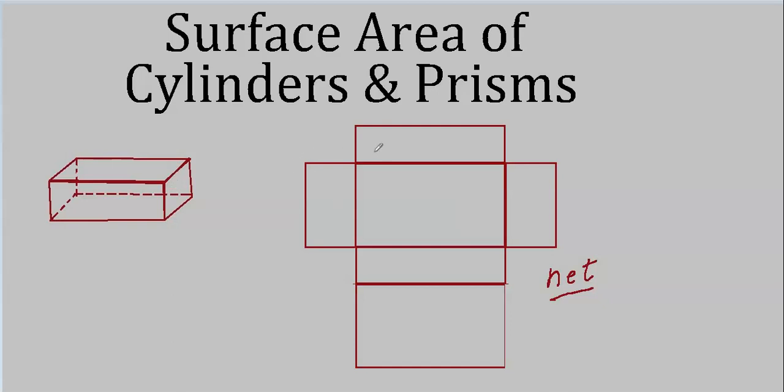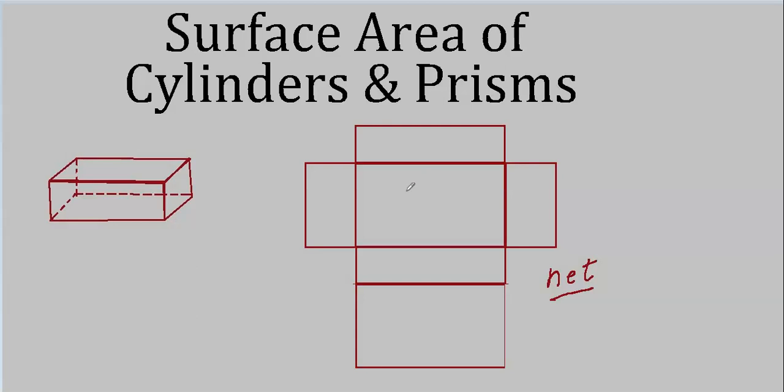The cool thing about nets, we don't have any equations involving nets, and I don't think there's even any theorems involving nets. All you have to do is get used to visualizing and going back and forth. This is the net version of this prism here.